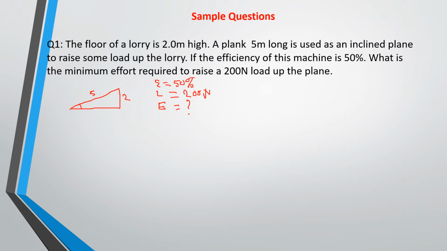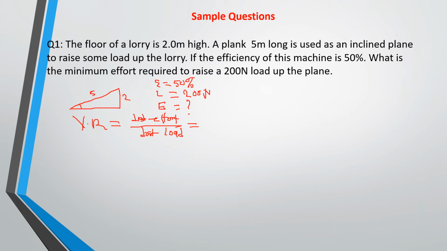Okay, so the velocity ratio of this machine is the distance moved by the effort over the distance moved by the load, right?